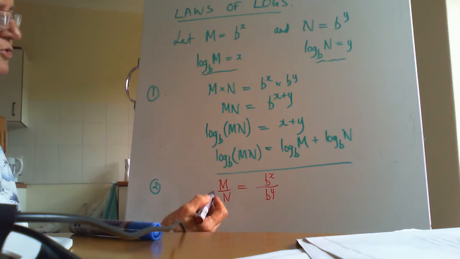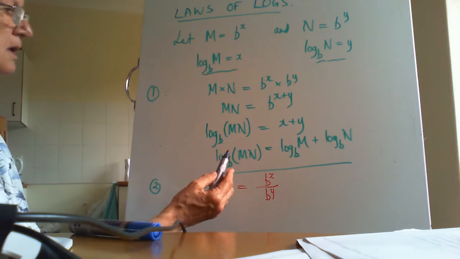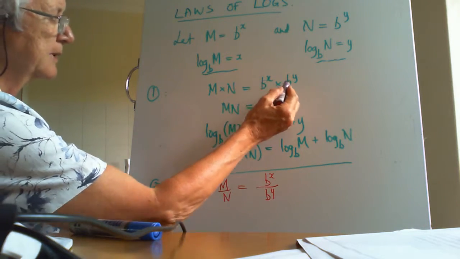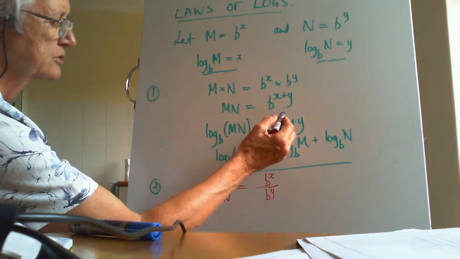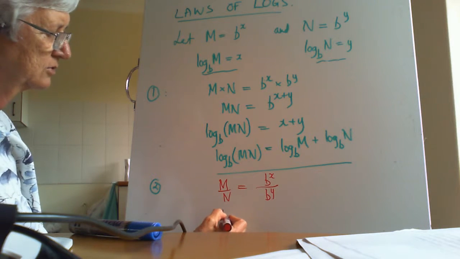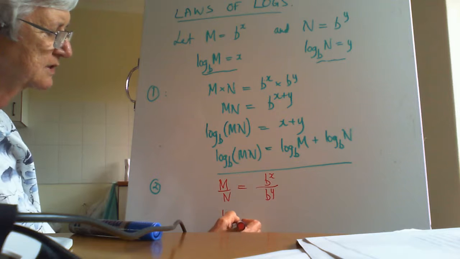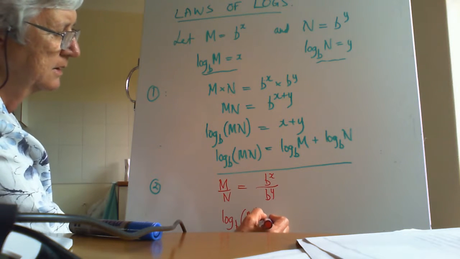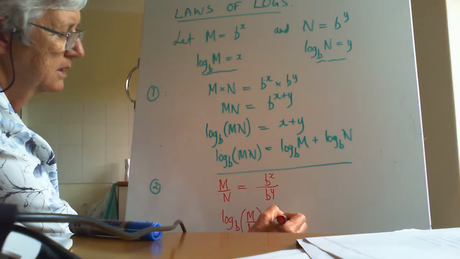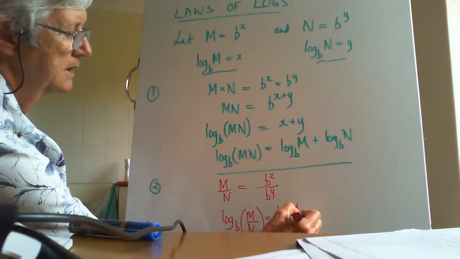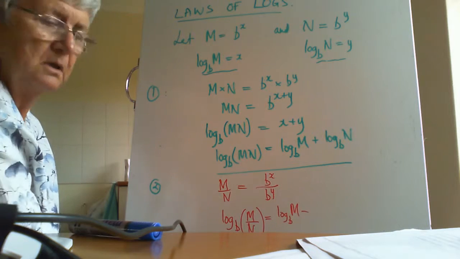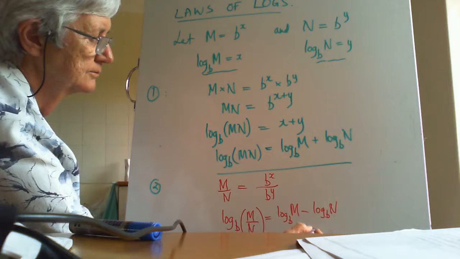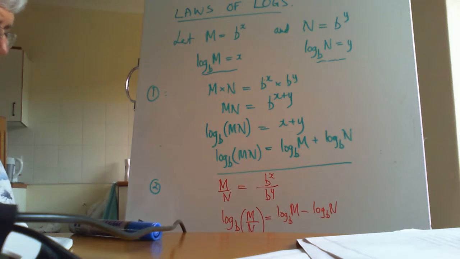You're going to put x minus y for division instead of x plus y for multiplication. You do this as an exercise for yourself. You should land up with the log of m divided by n is log to the base b of m, subtract log to the base b of n. That's your second law.